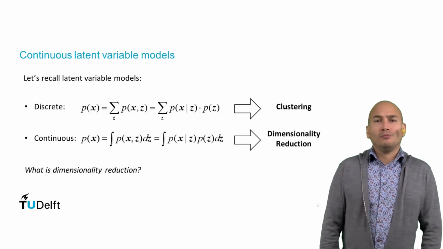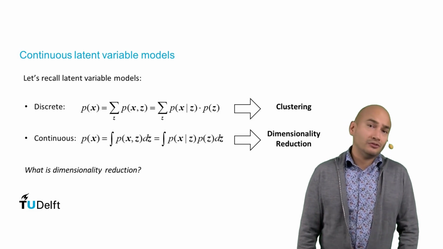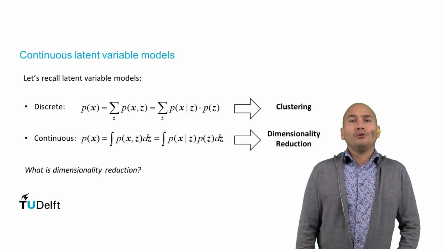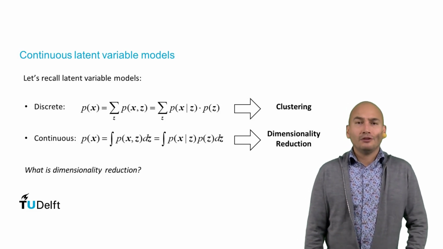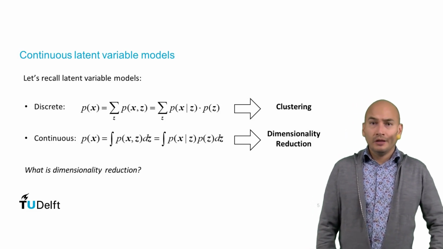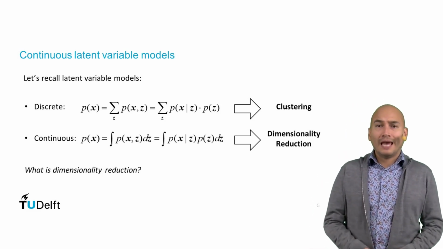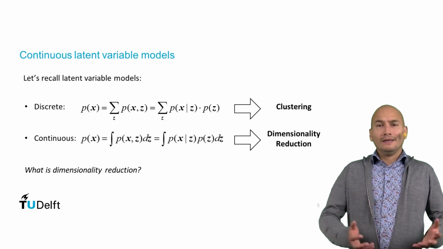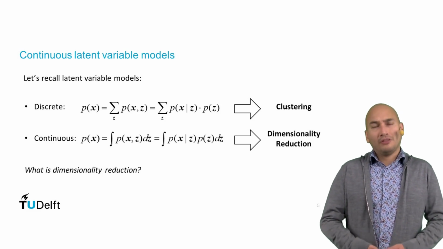Continuous latent variable models represent the problem of dimensionality reduction. Principal component analysis is a classic method for dimensionality reduction. But before we get into PCA, let's first understand what is dimensionality reduction.